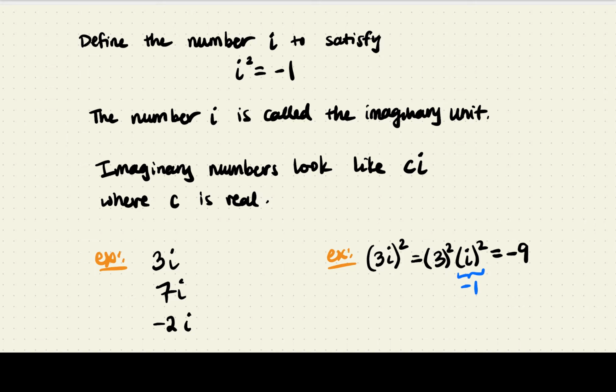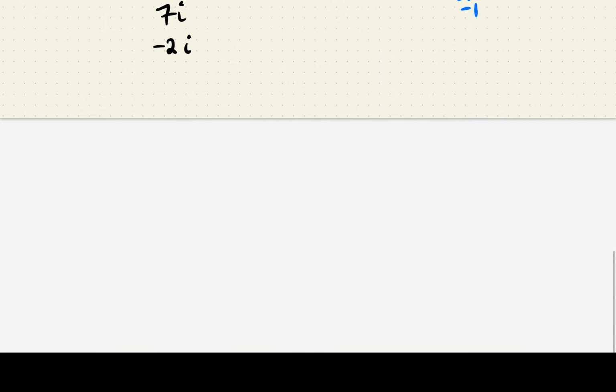All right, so I also want to talk about powers of the number i. So let's go to another page. The powers of i follow a cyclic pattern. What I mean by that is if I take i to the first power, that's just i.